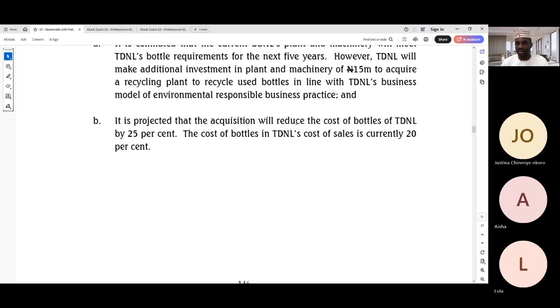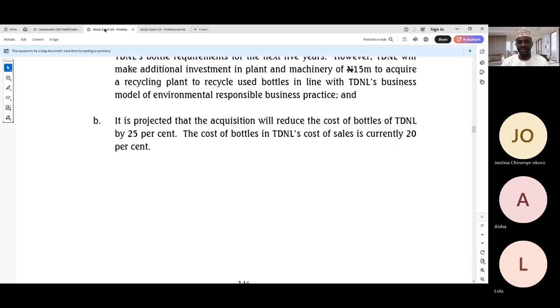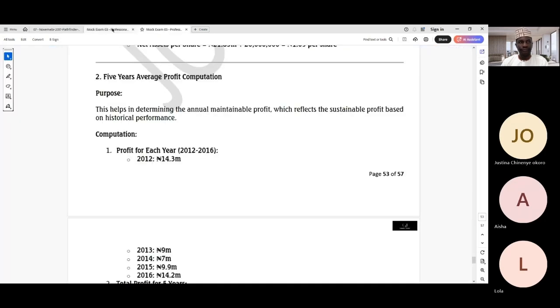So it is projected that the acquisition will reduce the cost of TDNL's bottles by 25%. And the cost of bottles in TDNL's cost of sales is currently 20%. So we have a 5% variation.